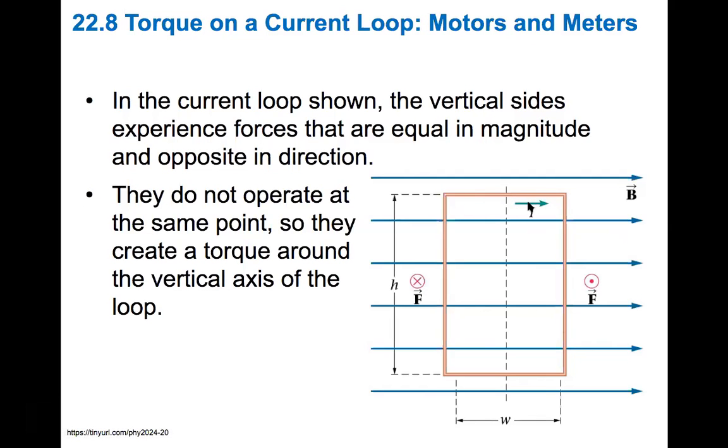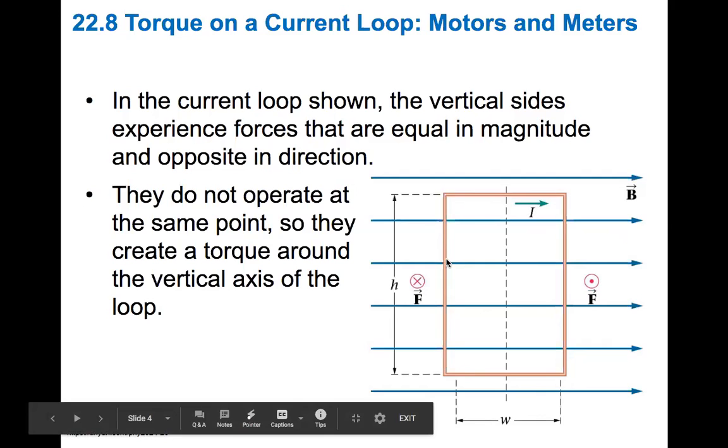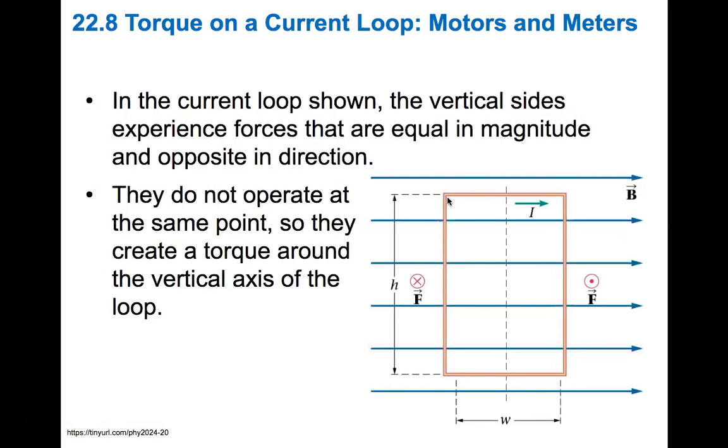Typically you don't have a single loop of wire carrying the current itself; typically you'll wind the wire around, say, a rectangle or a cylinder, so there are many loops inside it. You can imagine you're just taking one loop out of it.